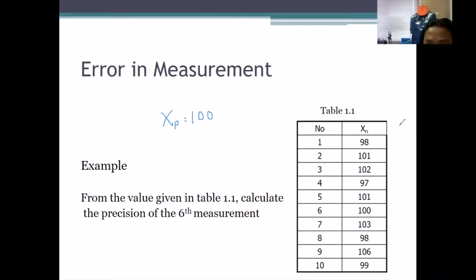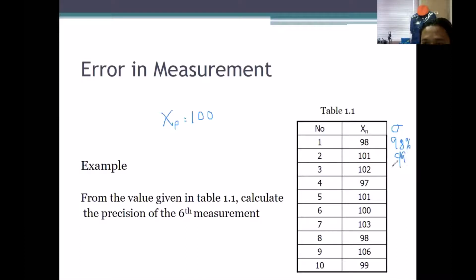The accuracy here, for example, calculate the accuracy. For example, the accuracy for the first measurement is 98, so the accuracy is 98%. Okay, you can calculate. The second measurement will be 99, 99%, in percentage.